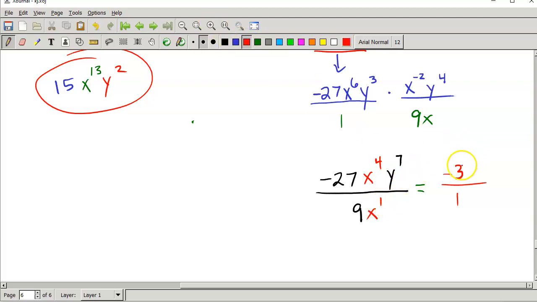So I could subtract those and get x to the 3. And then I have the y to the 7th there, and there's nothing really to do with the y to the 7th. So that's all I have. The bottom is just divided by 1, and that doesn't really do anything for me, so I'm just going to leave it like this.